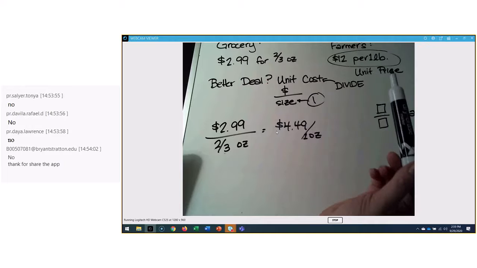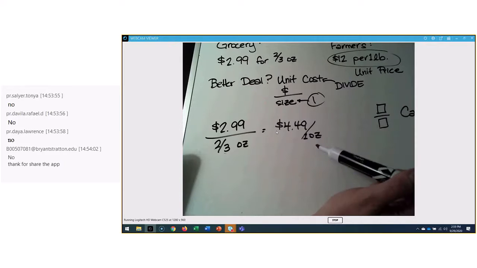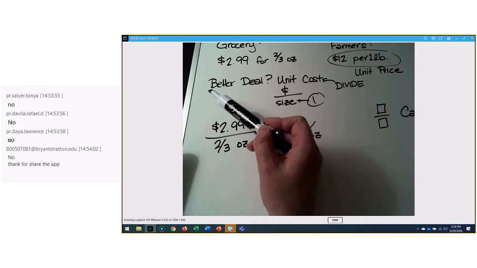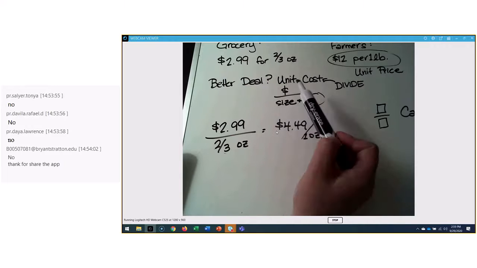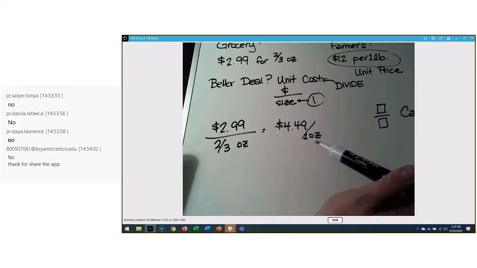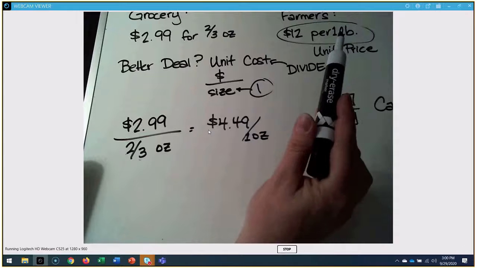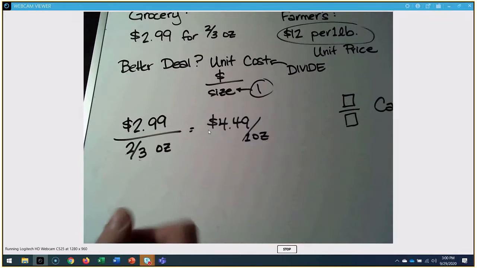I still can't compare these now, though, because one of them is in pounds and one of them is in ounces. In order to compare and figure out what's the better deal, you need unit costs that are in the same size. So we either need to change our ounces to pounds or our pounds to ounces.